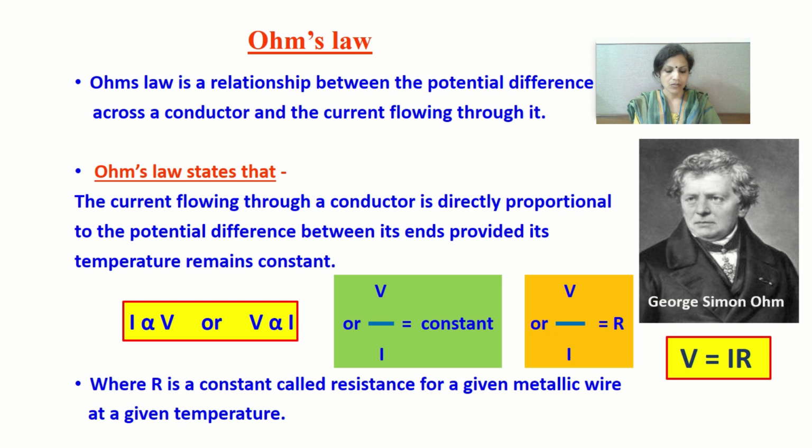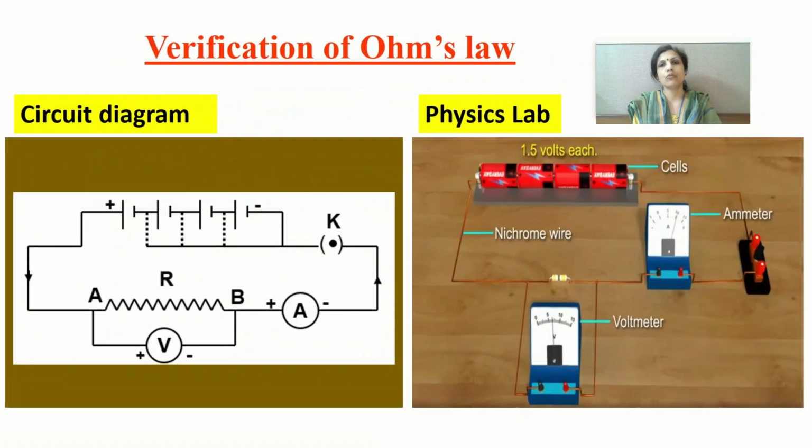Alright, so now let's understand the verification of Ohm's law. Verification of Ohm's law means we will verify whether voltage or potential difference and current are really interdependent on each other. It is one of our experiments in the physics laboratory. For that, we will make use of the circuit diagram shown here on the slide towards the left side.